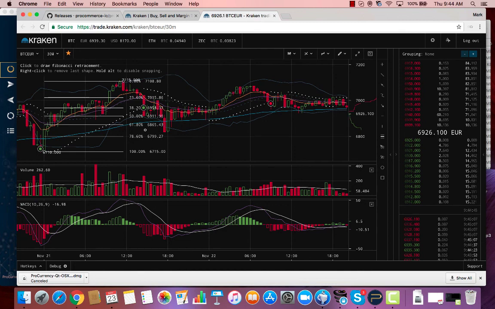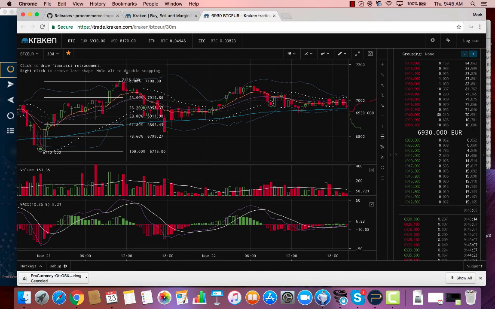So here we are looking at price action in this area. I'm looking at the Fibonacci from the previous low to the previous high, right? The low to the high, and then of course there's going to be action in between there.